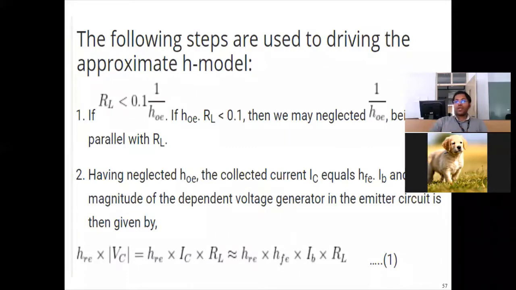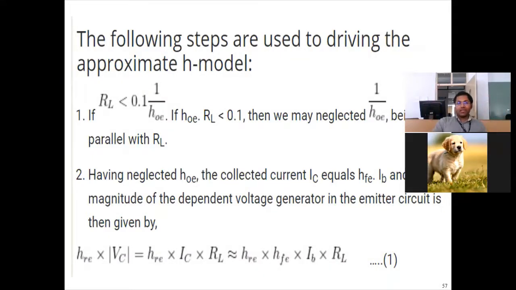So what I am taking is the case when the small resistance is more than 10 times lower than the large resistance. This statement I am mathematically representing like this.